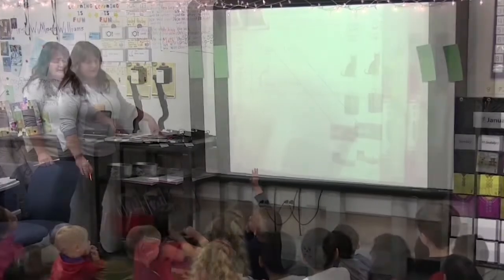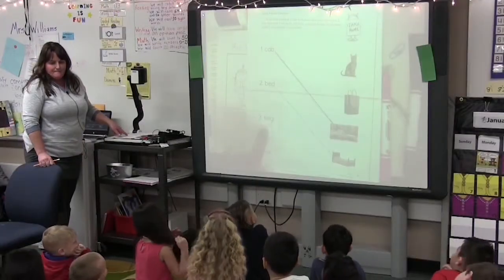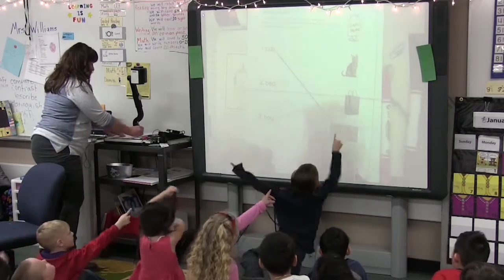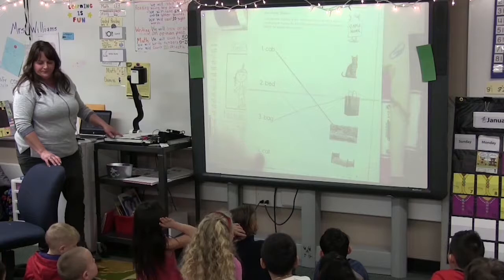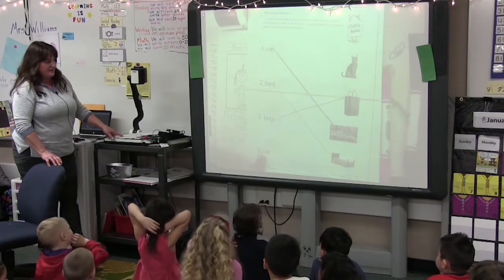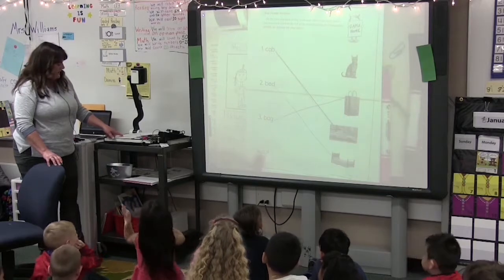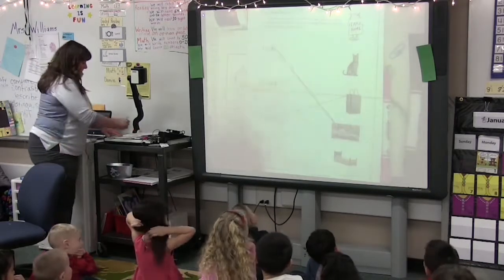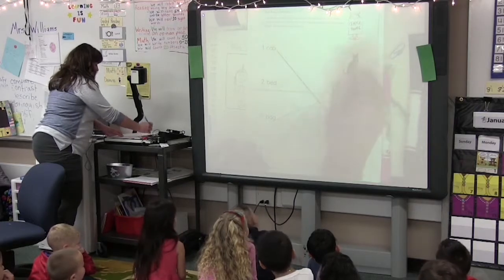A cab is a car that drives. Bag. You see a bag? And the last one. Yeah, you might know this word. That's the word we see a lot. But let's sound it out in case you didn't know it. You see the cat? Looks like my cat.